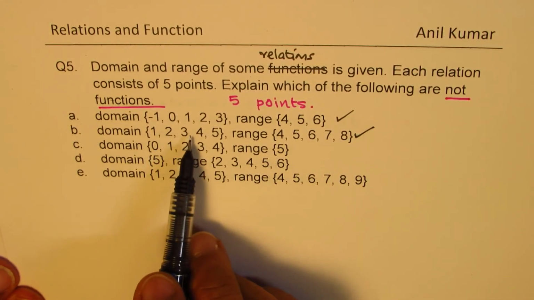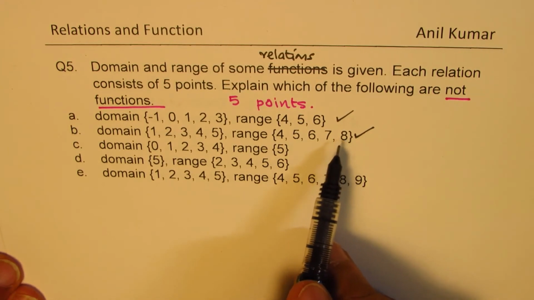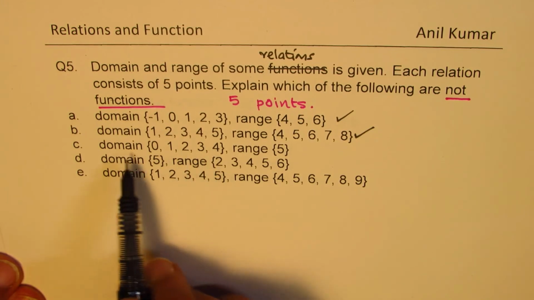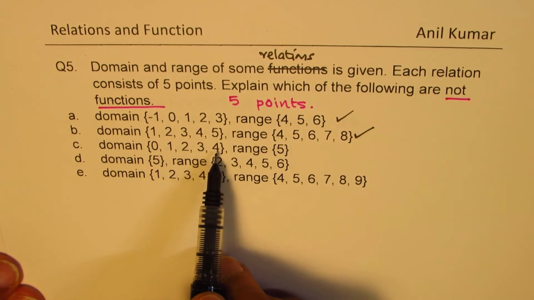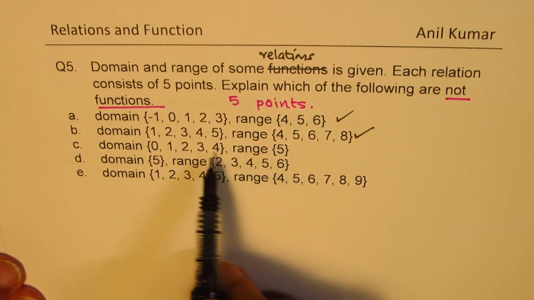So every value will be associated uniquely with some value given in the range. Now here 1, 2, 3, 4, 5. So we have again 5 elements and the domain has 5 unique values. Range may be the same for each, right?